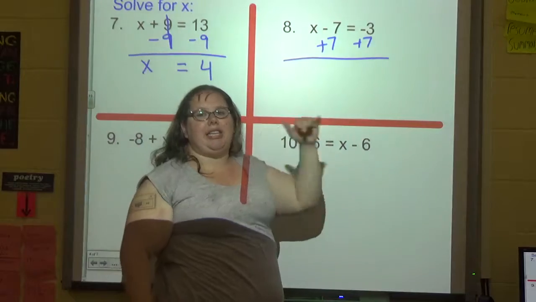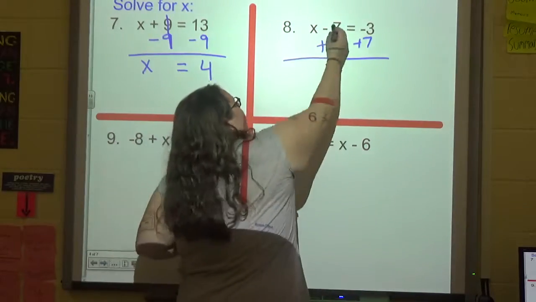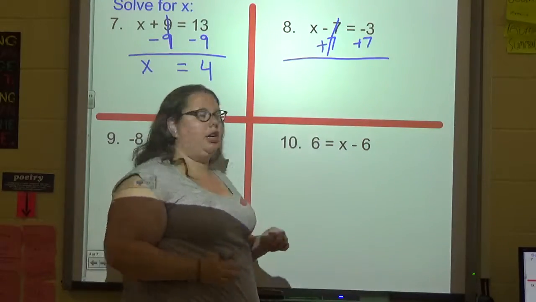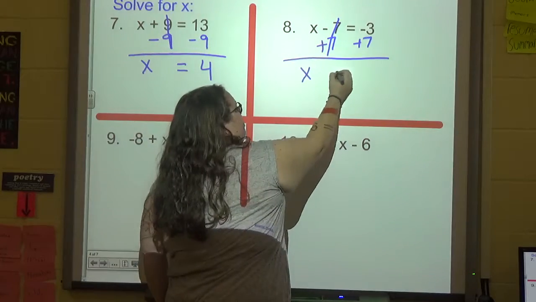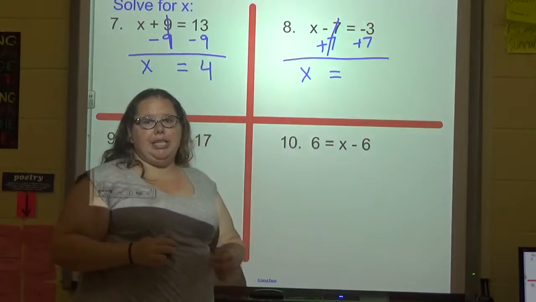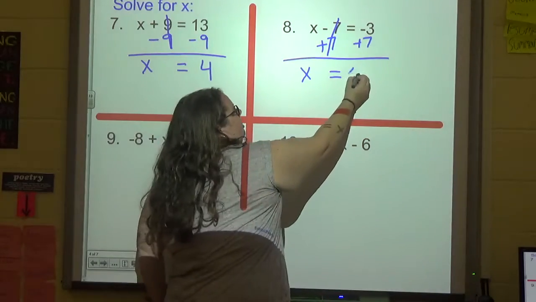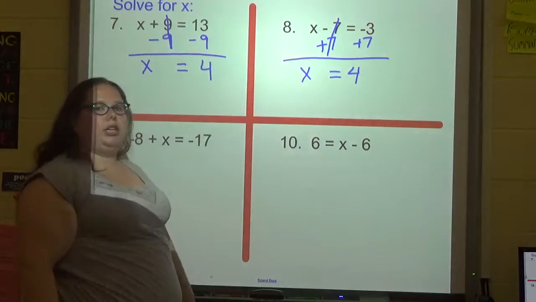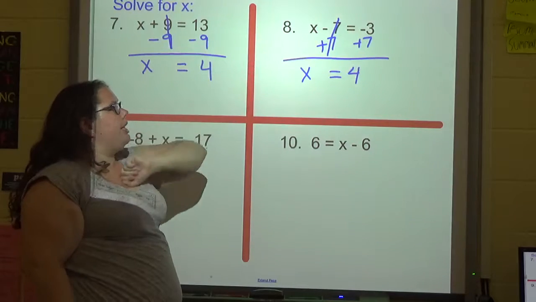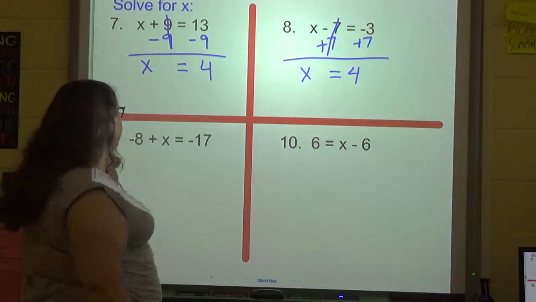Minus 7 plus 7 cancels to 0. We draw a line to show it's canceling to 0. X equals negative 3 plus 7, we're using those integer rules, is 4 also. And you can easily plug in: 4 minus 7 is negative 3.